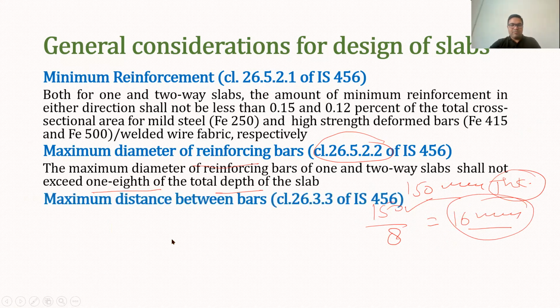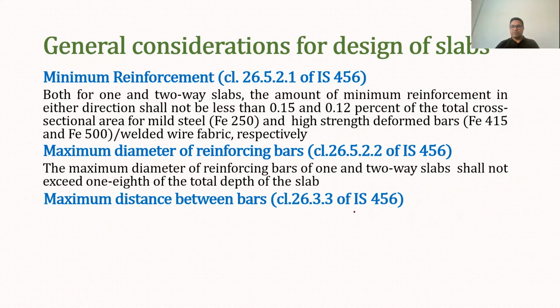Similarly, what should be the maximum distance between the bars? As we know, in the slab we will be providing reinforcement, so what should be the spacing? Spacing is also guided by the IS code. The IS code has provided some recommendation about this also, and that is in clause 26.3.3.